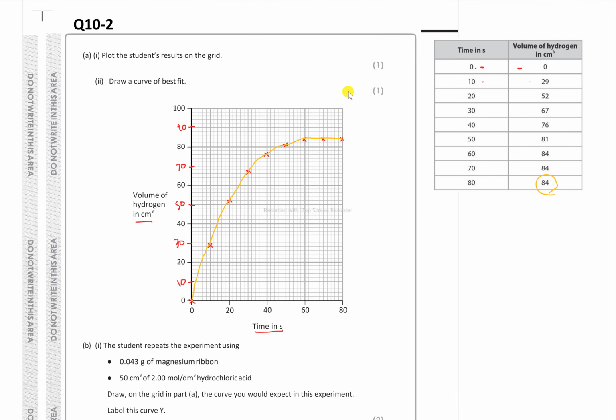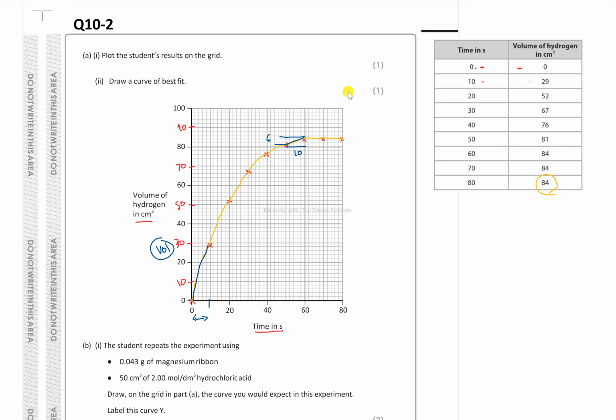That tells you it's a quick reaction because you're getting a lot of gas in a short amount of time. Now if you come here, look, the gas has only increased, just say for argument's sake, 6 over a time of 10 seconds, whilst here it increased 30 in a time of 10 seconds. So the rate of reaction is going down.